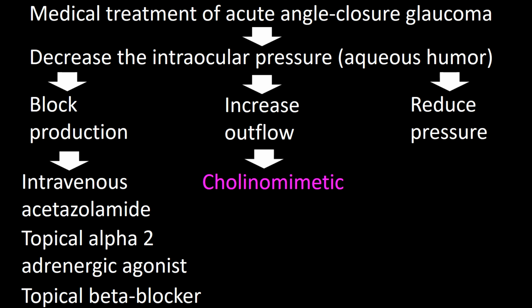The second type of drugs that operate by increasing outflow are prostaglandins. Prostaglandins, such as latanoprost, increase outflow via the uveoscleral pathway. The adverse effects of these drugs are darkening the color of the iris and promoting eyelash growth.